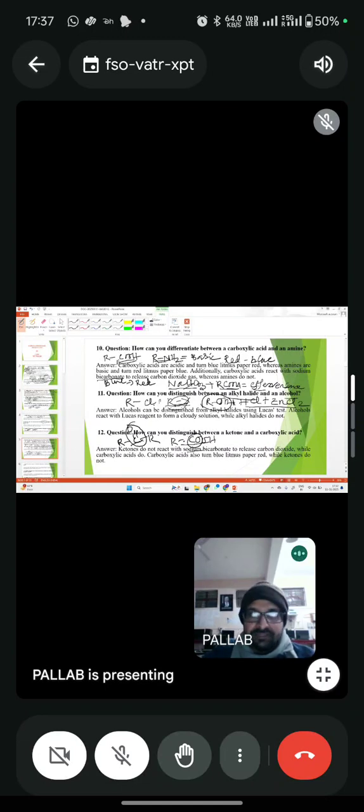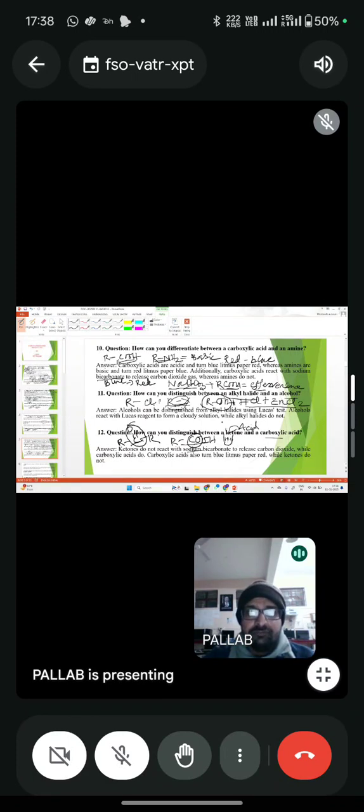That means if we take a solution of an acid in a test tube, we will see the bubbles, and this effervescence will indicate the presence of a carboxylic acid. This will show that the compound is nothing but the carboxylic acid.